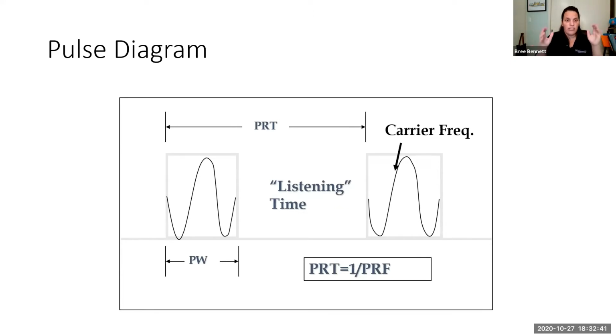the pulse on the radar gets sent out, and then we have this waiting time. So as the pulse is traveling, hits something, comes back, and then we get that signal. And then at the end of that listening period, it sends another pulse out. So the longer the listening period, the longer chance that pulse has to reflect off of something and come back.